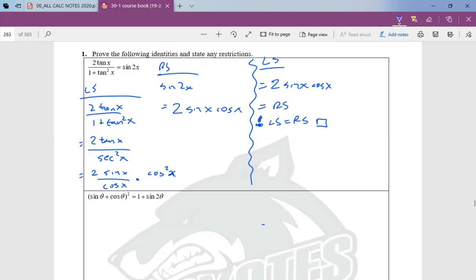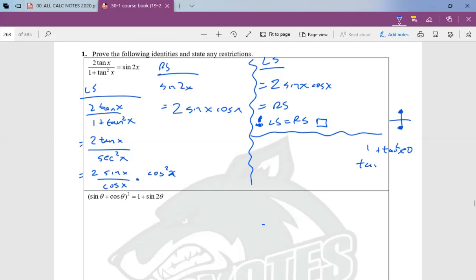We should state our non-permissible values, our restrictions, and what can't happen. Well, the fact that we have tan x is present tells us that cos x can't equal 0, which is here and here. We also have this denominator, 1 plus tan squared, which can't equal 0. So therefore, 1 plus tan squared x cannot equal 0.